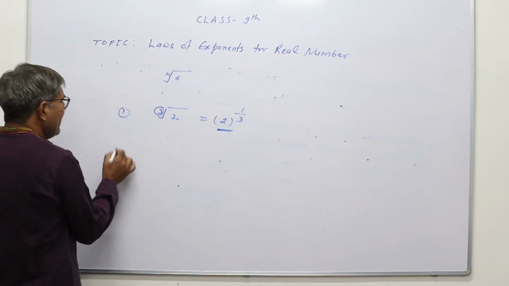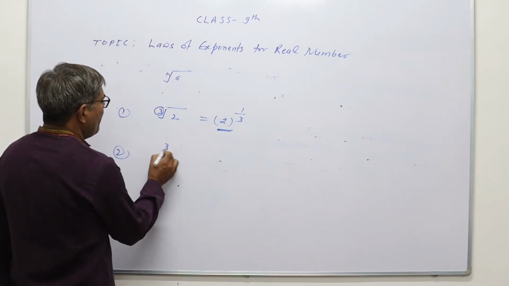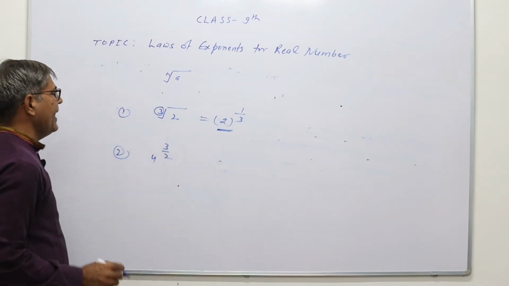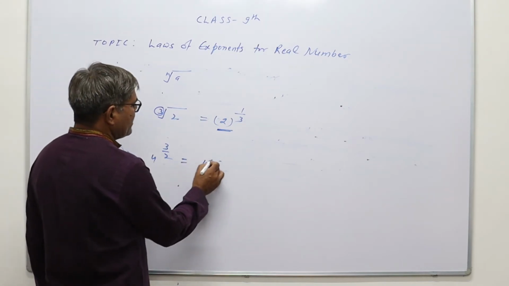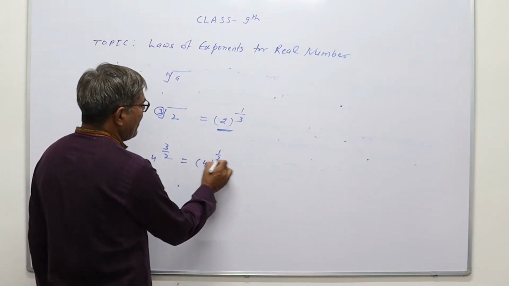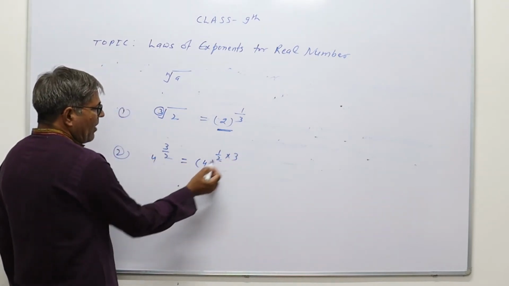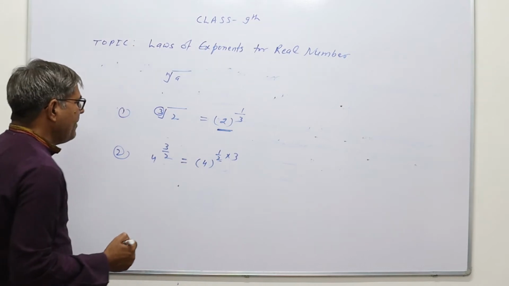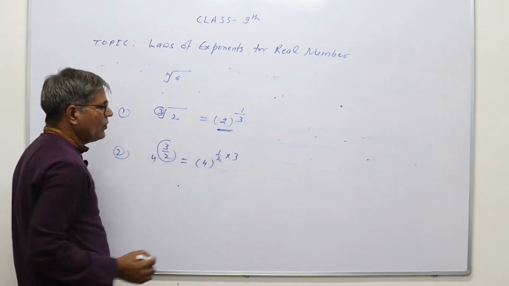Similarly, if we have to find the value of 4 whole power 3 by 2, then we can write 4 whole power 3 by 2 as 4 raised to the power 1 by 2 into 3, because power on power is multiplied. So this 3 by 2 can be written as 1 by 2 into 3.